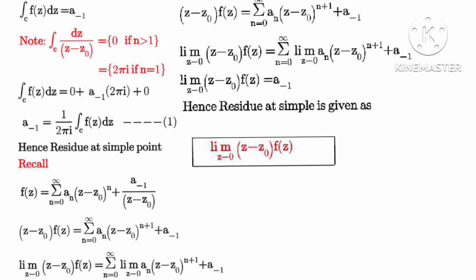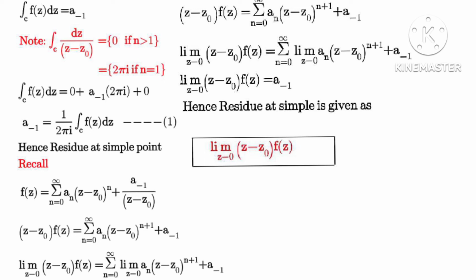So at the end of the day, we arrive at z minus z naught times f of z. So this z minus z naught f of z is referred to as the residue at a simple pole. That's the residue at a simple pole.